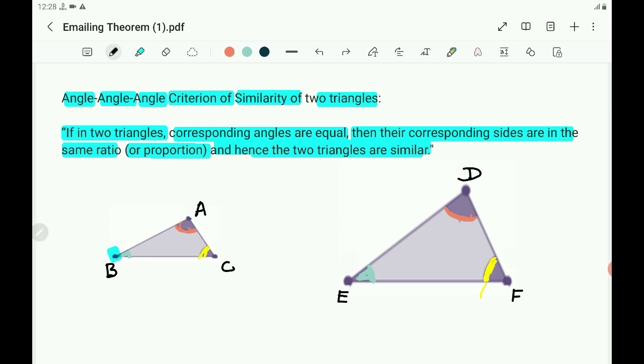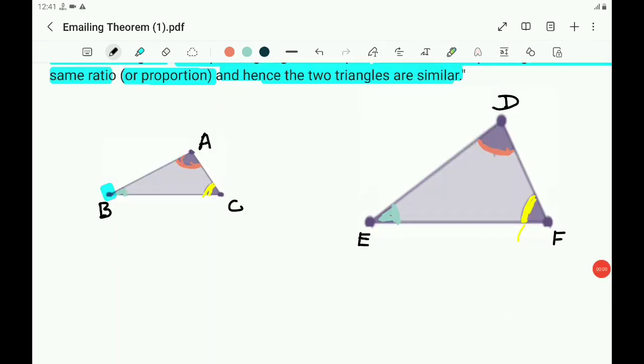Now let us write the given. We have to write that in triangle ABC and triangle DEF, angle A equals angle D, angle B equals angle E, and angle C equals angle F. These are the two triangles here.